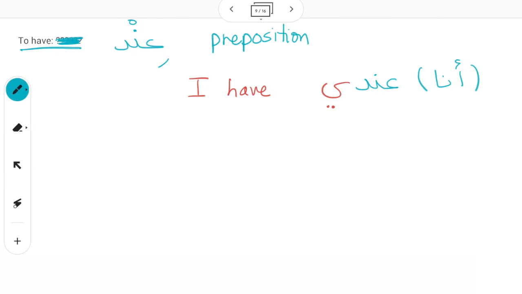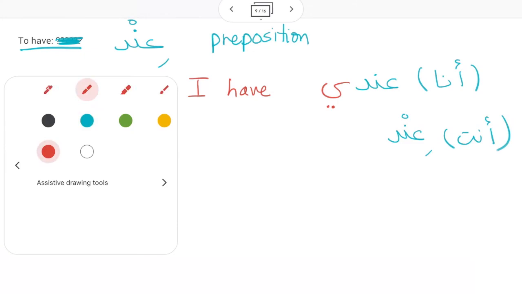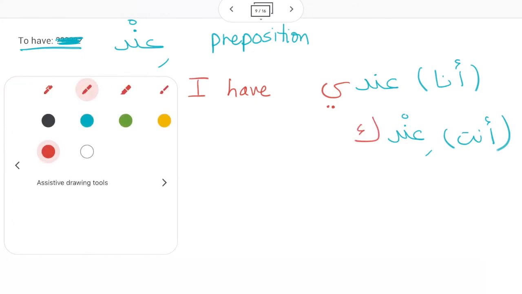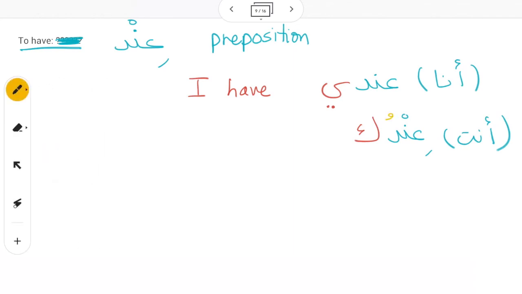If I want to say أنت or أنتي, you have, we're going to take the word عند and we're going to pronounce it with a kaf. Now, if you want to be super formal, you can say عندَكِ or عندِكَ.